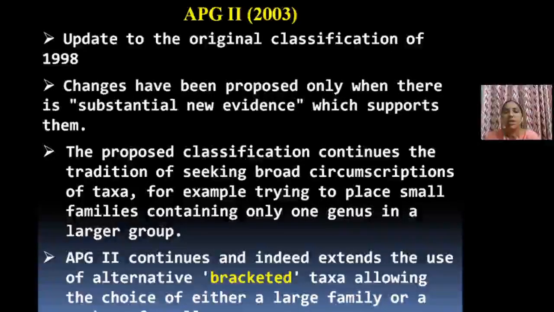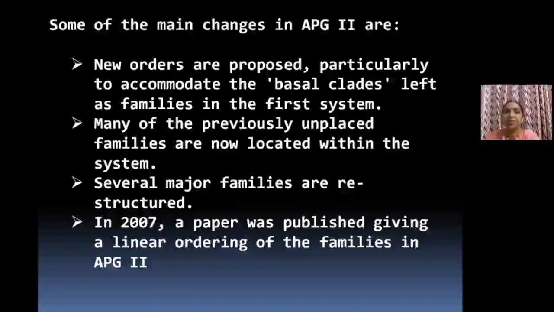So that system continues. The existence of bracketed taxa here in this system is also retained as such. Some changes are, new orders are proposed to accommodate some basal clades left in the first system. So new orders proposed, clear.